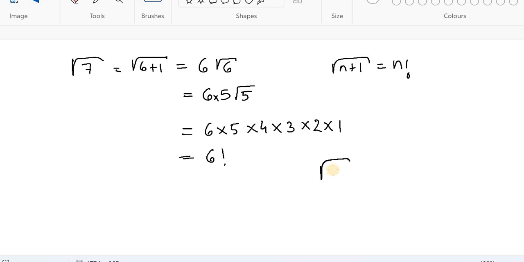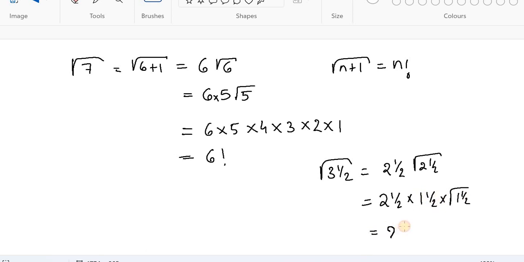For example, gamma of 3.5 can be written as 2.5 into gamma 2.5, right? Because of the earlier property. Now 2.5 into gamma 2.5, and gamma 2.5 can be written as 1.5 into gamma 1.5.